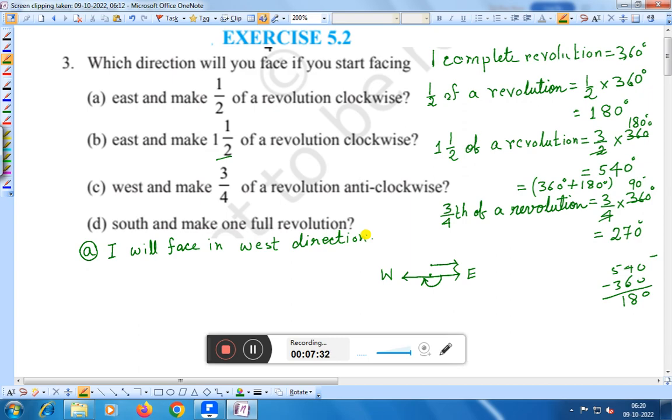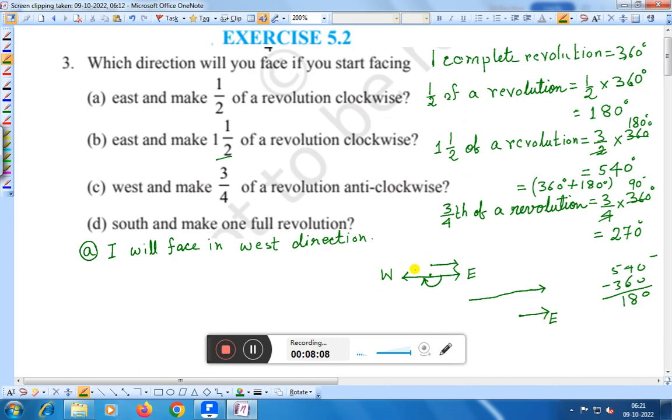Now question number B. If we start facing east and make 1 and 1 by 2 of a revolution clockwise, 1 whole 1 by 2 of a revolution means 540 degree, that is 360 plus 180.